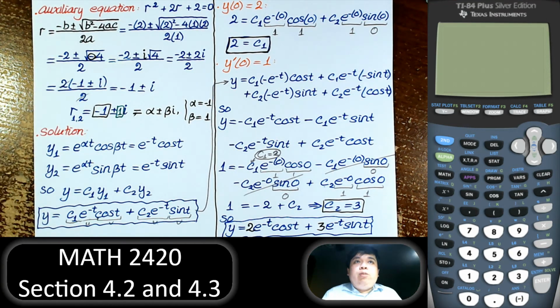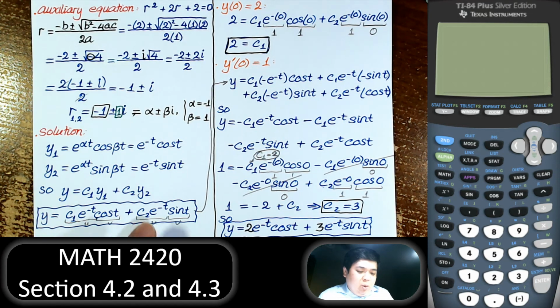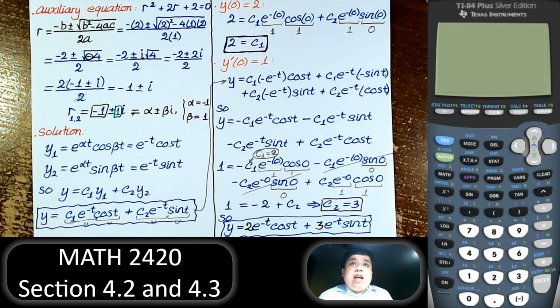So that's what we have. It's not that bad. Just be mindful that when we take the derivative of this, it has to be a product rule.